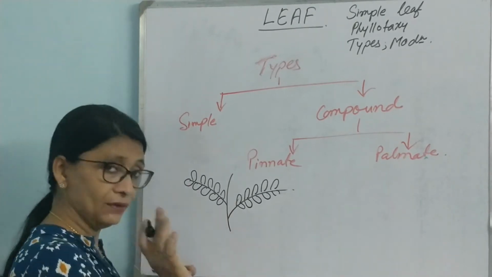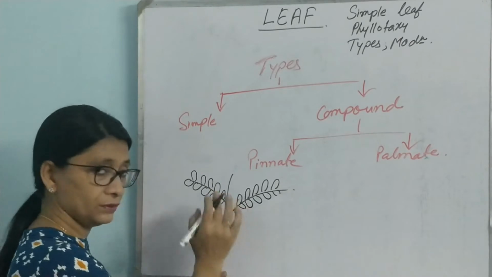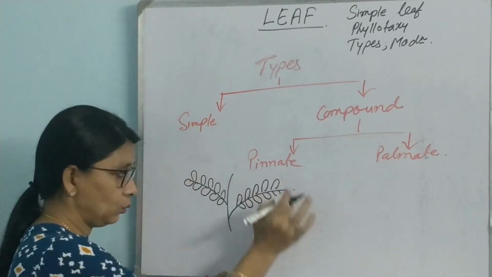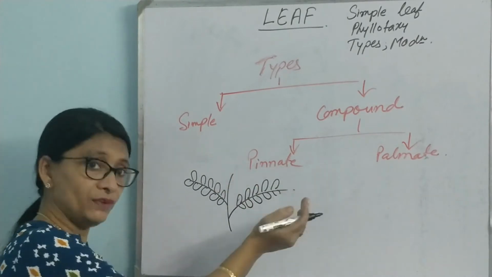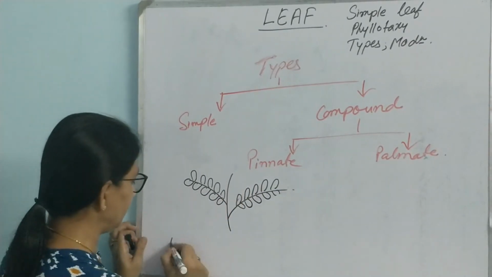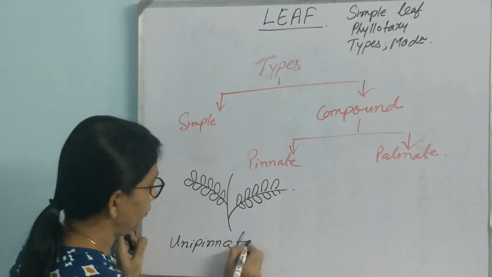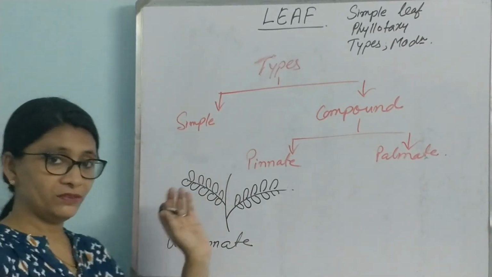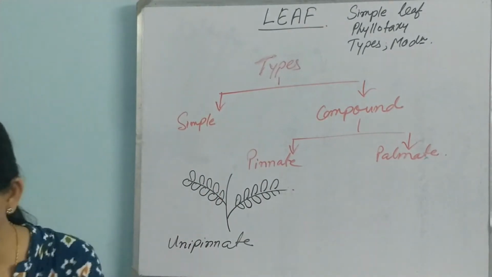And if it is divided into just one, like branch, the division has been done just one time, like had this been one leaf, so it is divided into a number of leaflets. This is known as unipinnate. Uni means one time division.